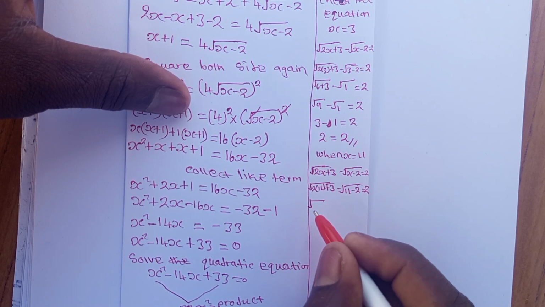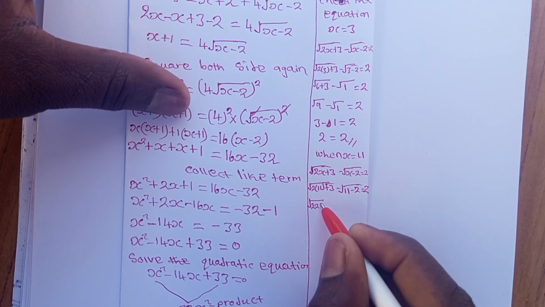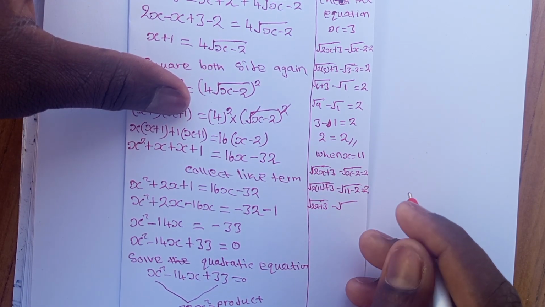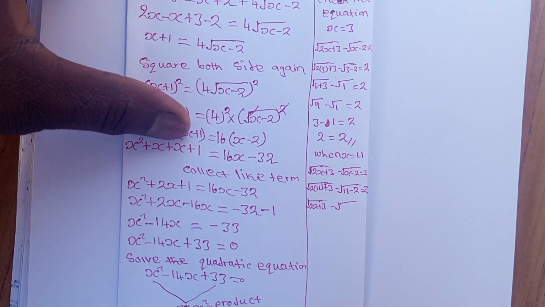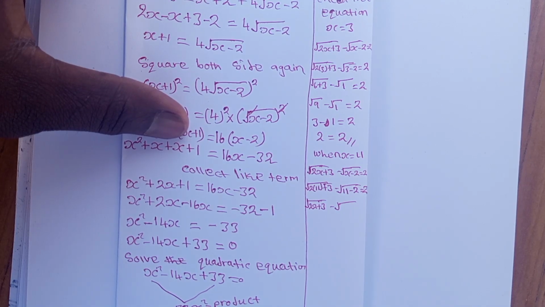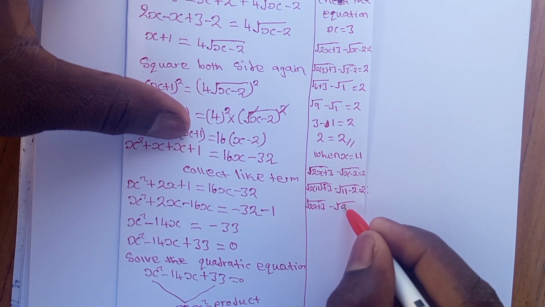2 times 11 is 22 plus 3 minus root 11 minus 2, we are going to have 9.